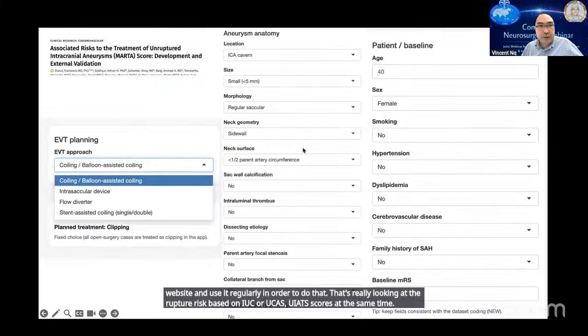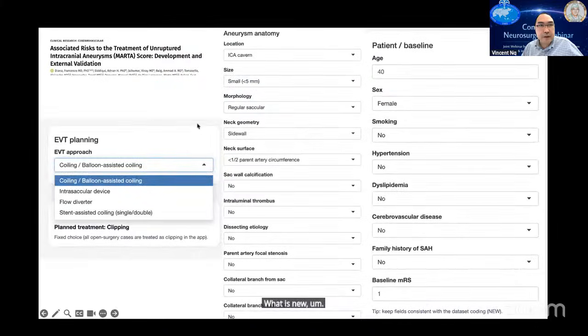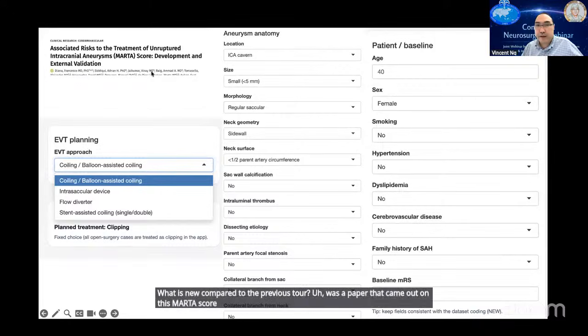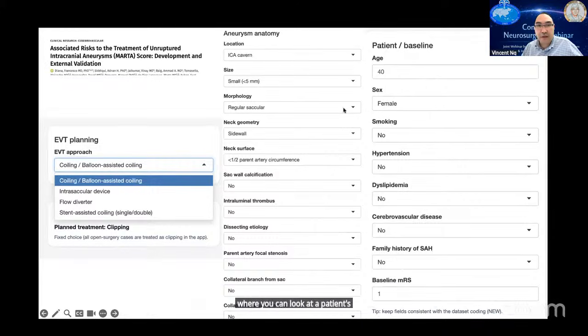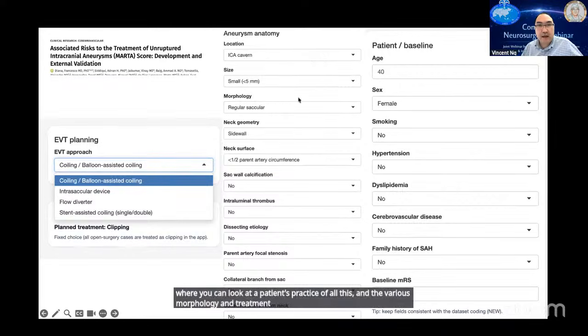What is new compared to the previous scores was a paper that came out on this MARTA score, which was quite interesting in my mind, where you can see two major factors that you can input on their website itself, where you can look at the patient's factors and the various morphology and treatment pathology of this, and what the outcome of this whole treatment is.